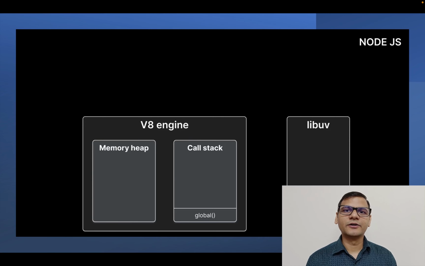Libuv is a cross-platform support library, which was built originally for Node.js. It handles the asynchronous event-driven input-output mechanism, but not only that, it also handles other entities like handles and streams.